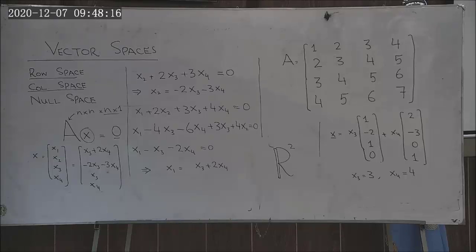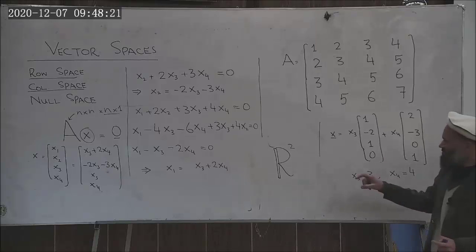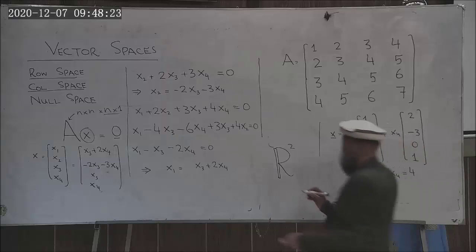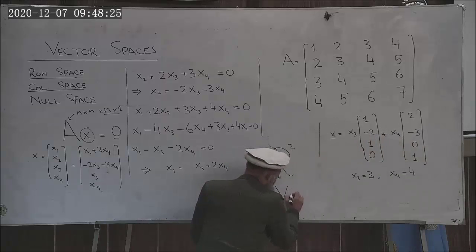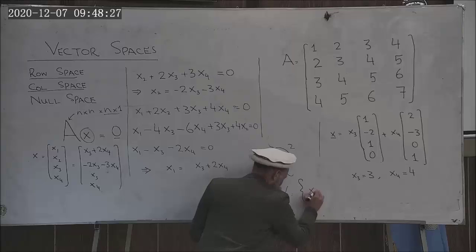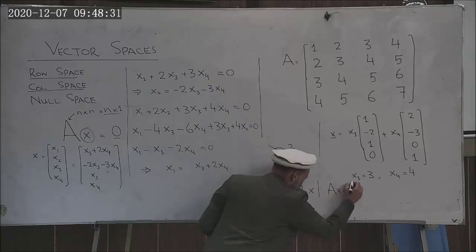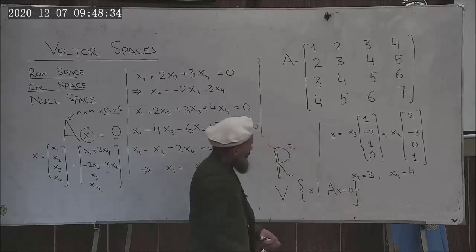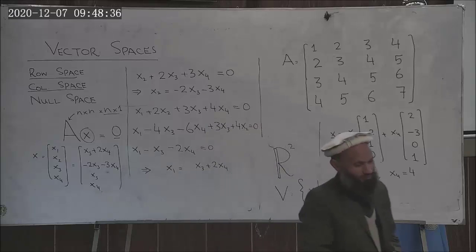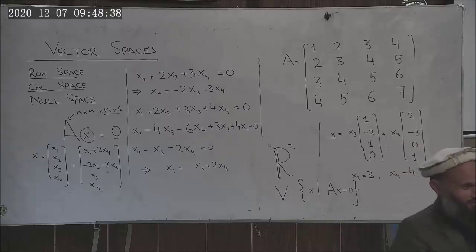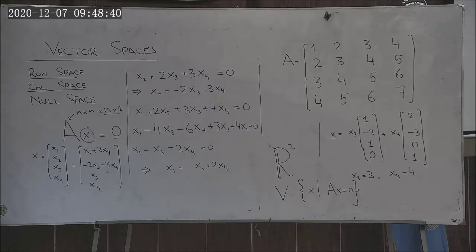Space V is this space of x such that A multiplied by x is equal to 0. How many maximum linearly independent vectors are there in this space? 2.